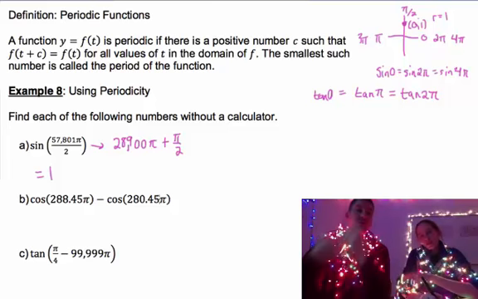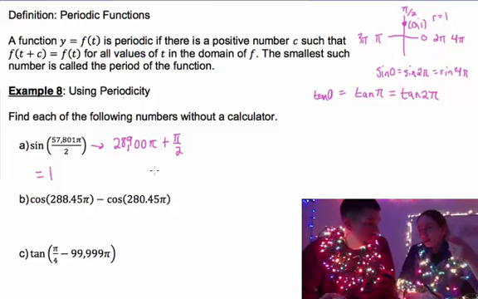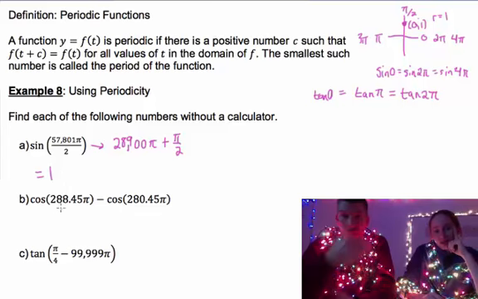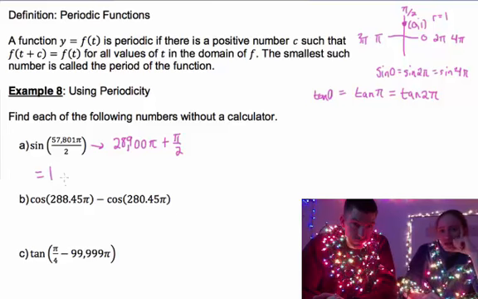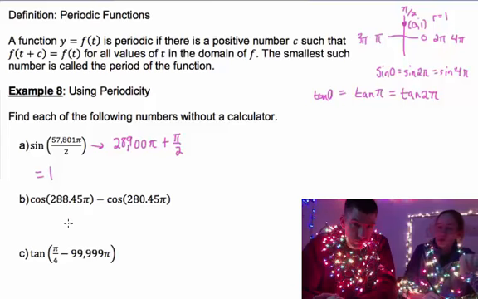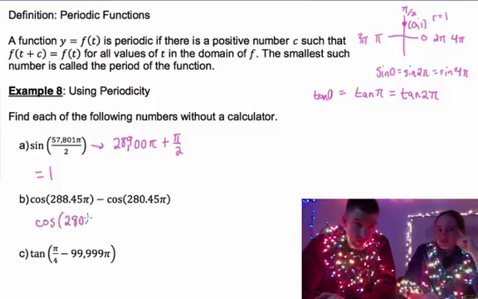So, let's do another one. We have cosine of 288.45 pi minus cosine of 0.45 pi. Here's what's important: how far apart are these two angles? 8. So we could rewrite this first angle as 280.45 pi, that's the second angle, plus 8 more pi's.